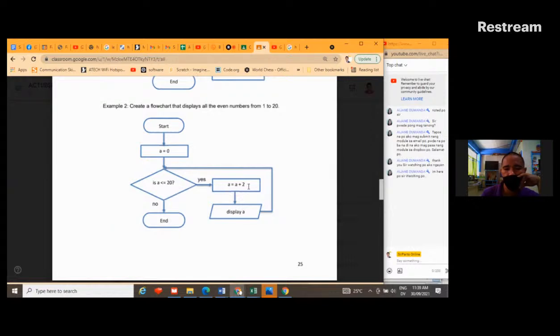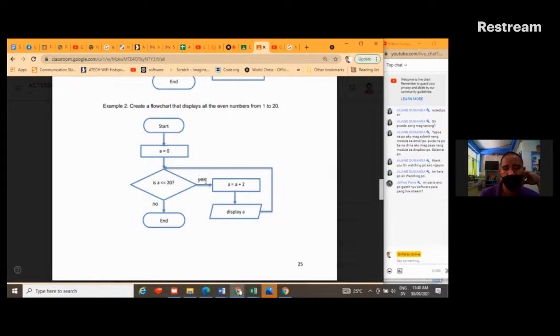So 14 plus 2, that will be displaying 16. Then 16 is compared to 20, and that is less than. It will go here. So 16 plus 2 is 18. So you display 18, and it goes here. And 18 less than or equal to 20.